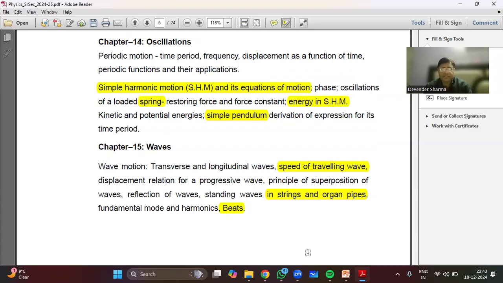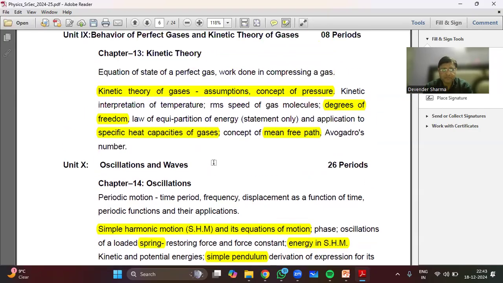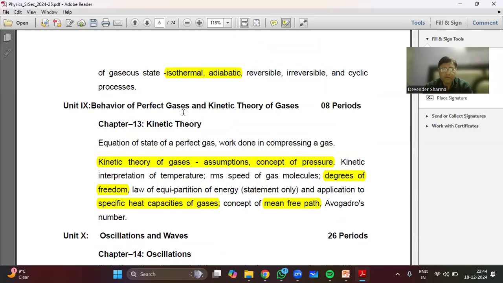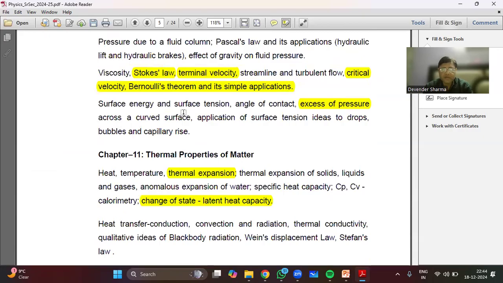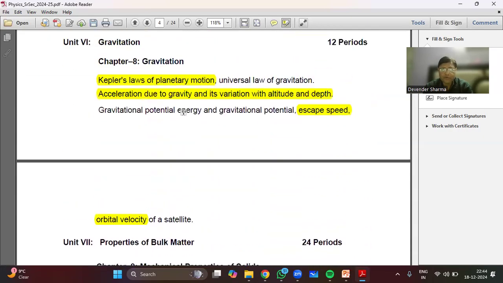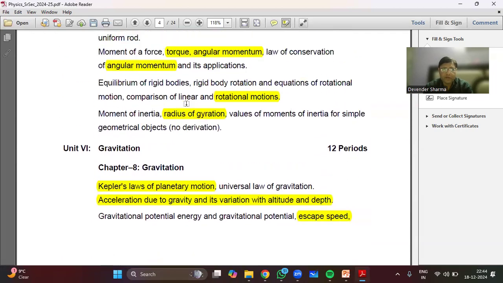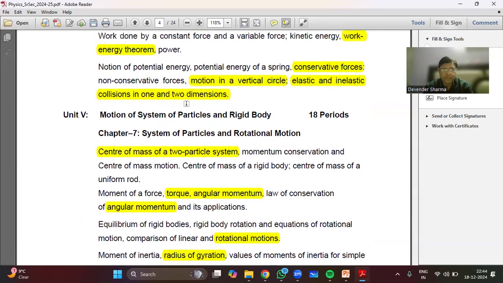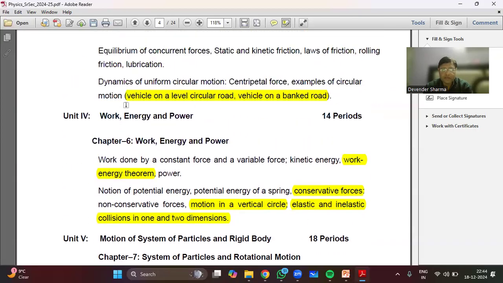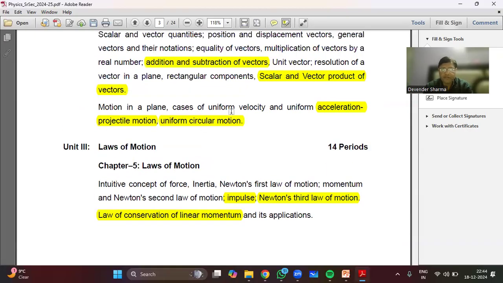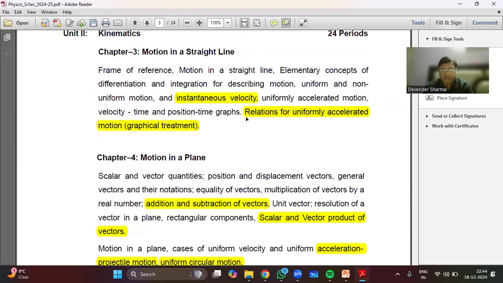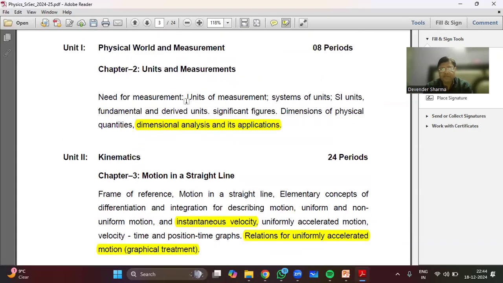There are so many topics, which if we try to count, come to 50.